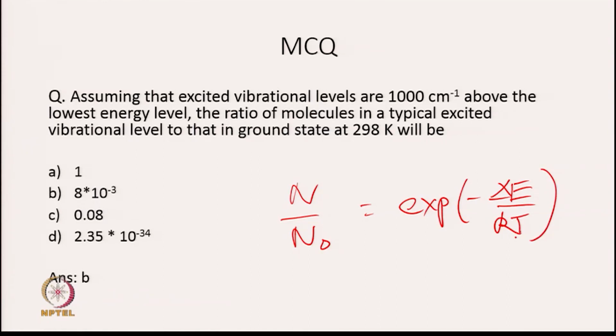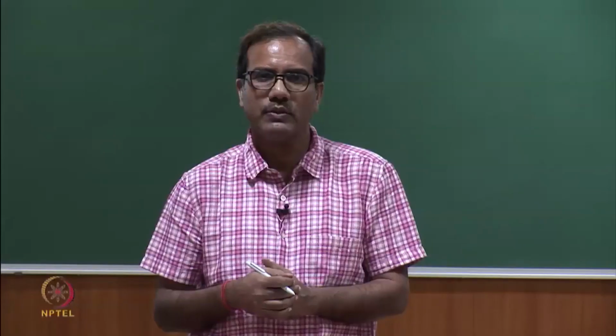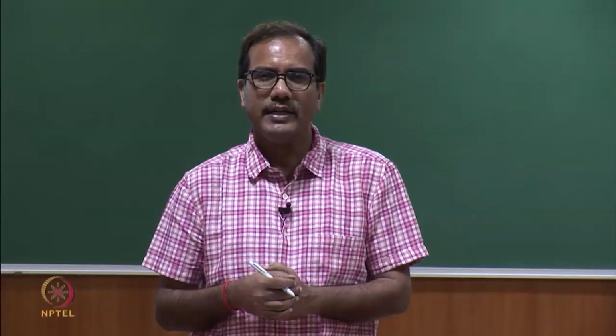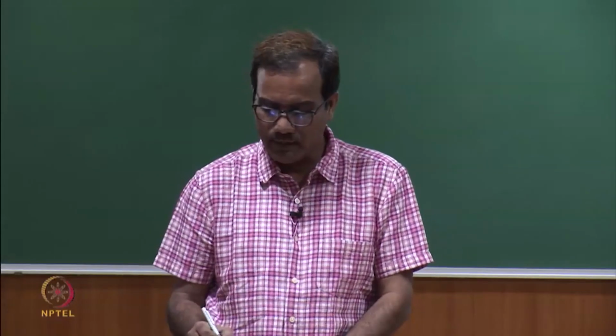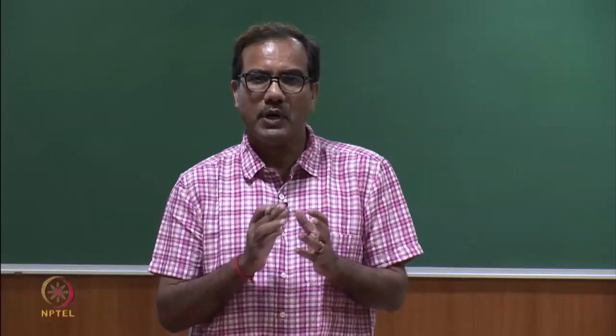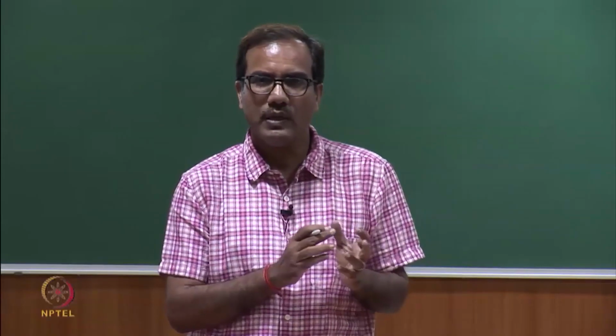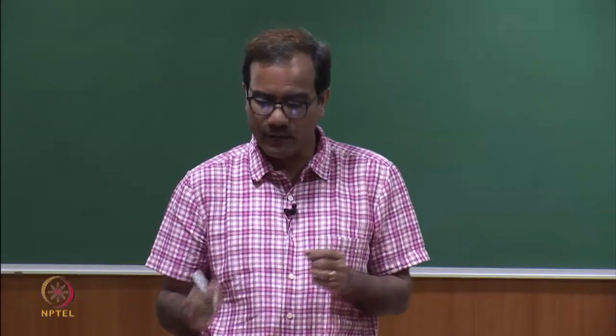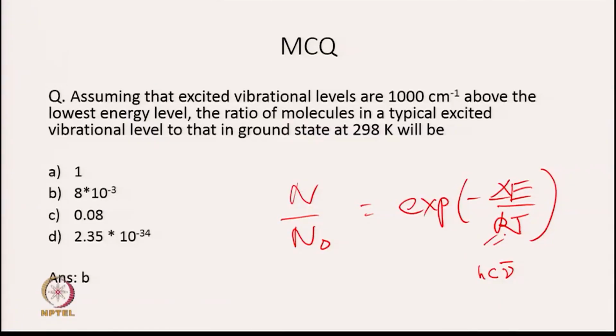So, delta E can be calculated since we know the wave number, and delta E will be given by h c nu bar. Now here you must keep in mind that delta E should be expressed per molecule, not per mole, if you are going to use the Boltzmann constant.